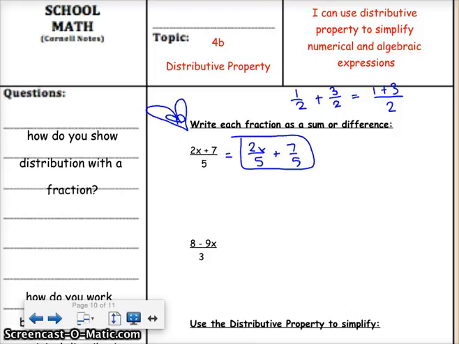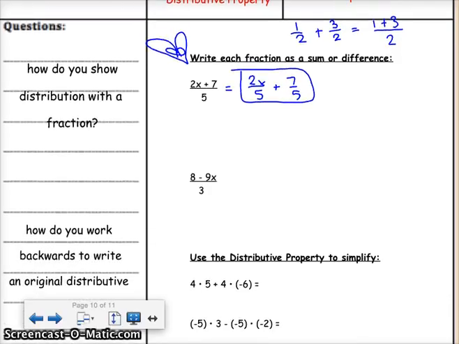Okay, so our purpose there, well, really we're prepping you up for graphing in slope-intercept form, identifying slope, identifying y-intercept. You need to be able to break something up sometimes. So 8 minus 9x over 3, what do they have in common? 3. The 3.